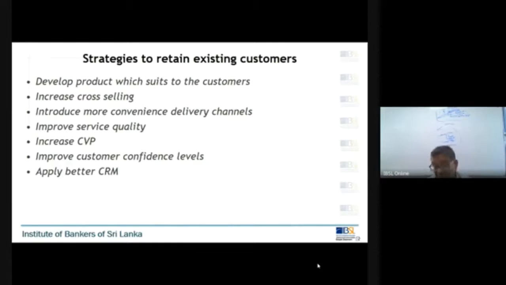If the examiner asks, you can put in some examples, so that the marker knows what you mean by these words. These are some of the strategies to retain your existing customers. Why do you need to retain them? Because retaining an existing customer, from the bank's point of view, is cheaper than taking a new customer.